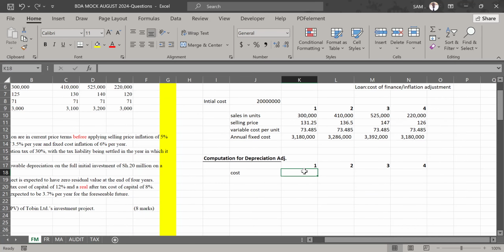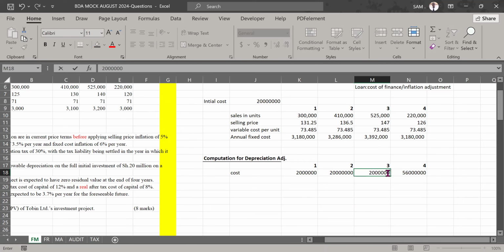So the cost of our investment here, our asset base here, is 20 million. So that's where we start from. It is the same 20 million here, 20 million here. I think I can just drag them, but if I drag, it's bringing other things, and I don't want to complicate this at this point.